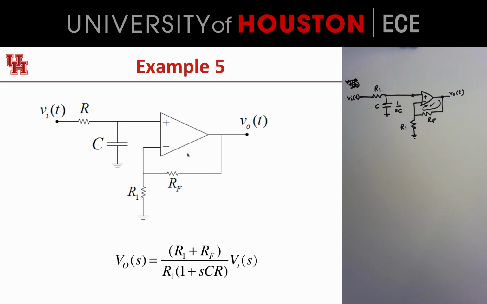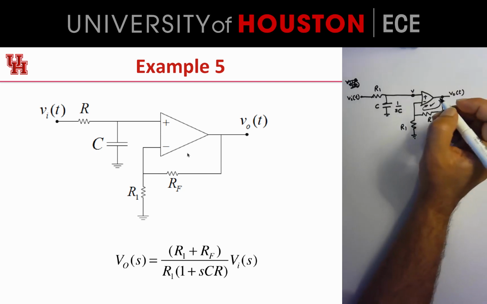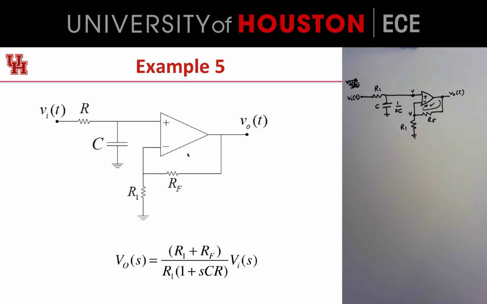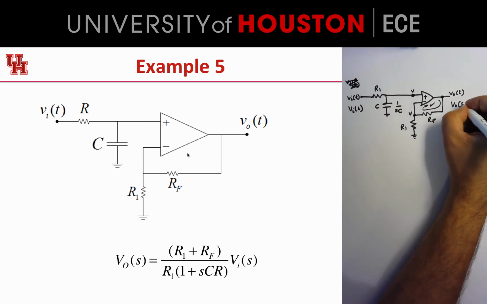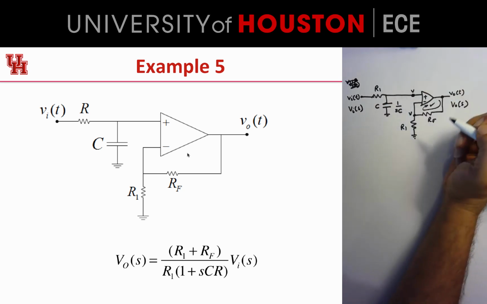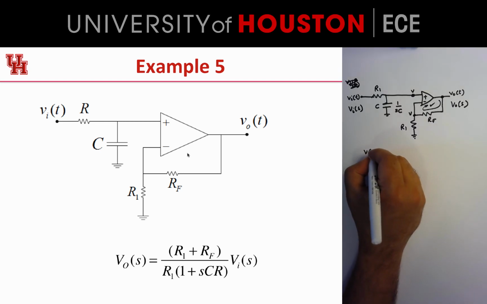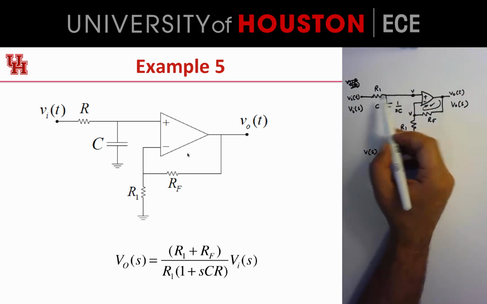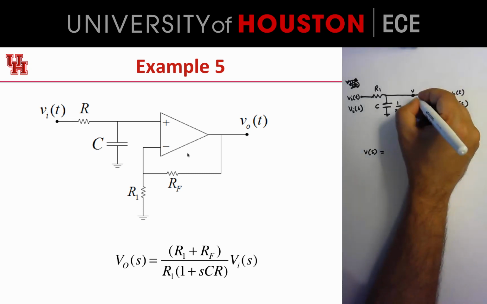Now that we have negative feedback, we know that the voltage here, suppose we call it V, is the same as the voltage here. In the Laplace domain, I'm going to call this Vi of S, this Vo of S, and this voltage V of S. Now V of S is essentially the output of a voltage divider, because there's no current going into this.